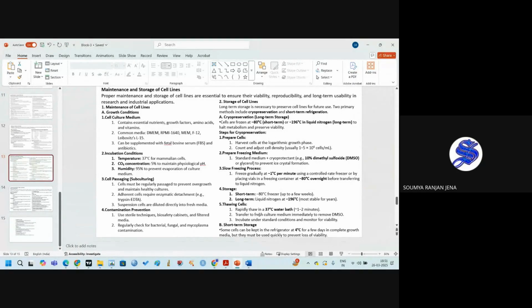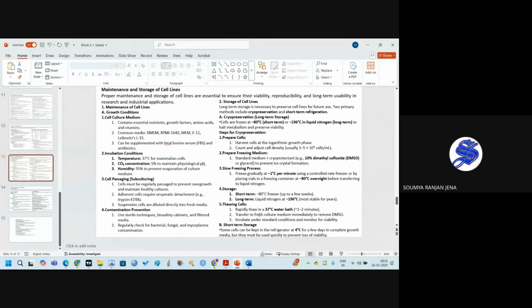Then you rapidly thaw the cells, because from minus 196 it will take time to come to 37 degrees. If you thaw using your palm and thaw rapidly, the cells thaw fast and come into the medium. They form a solid-like structure during preservation at minus 196 degrees.